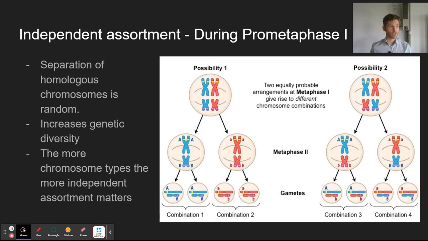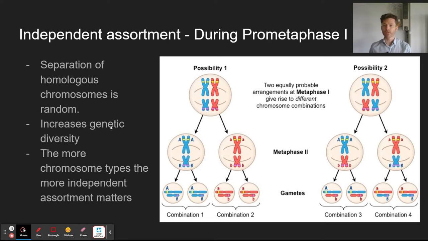So sexual reproduction is not a very energy efficient system, but there's a huge payoff in the amount of genetic diversity that is generated. And so independent assortment is one of the steps that lend itself very well to creating genetic diversity through sexual reproduction.